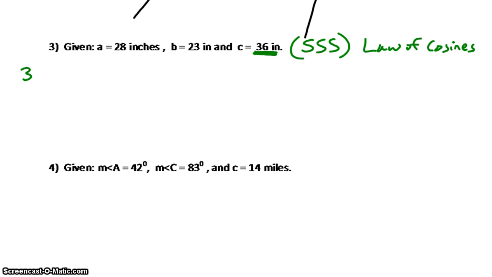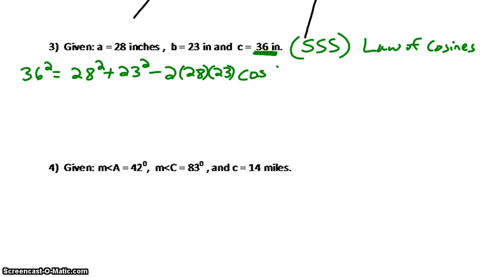So I'm going to take 36 and square it, and that is going to be equal to my 28 squared plus my 23 squared minus 2 times 28 times 23. And that is going to be times cosine of C. Now remember, we had other formulas we could use for cosine C, but we know some algebra.